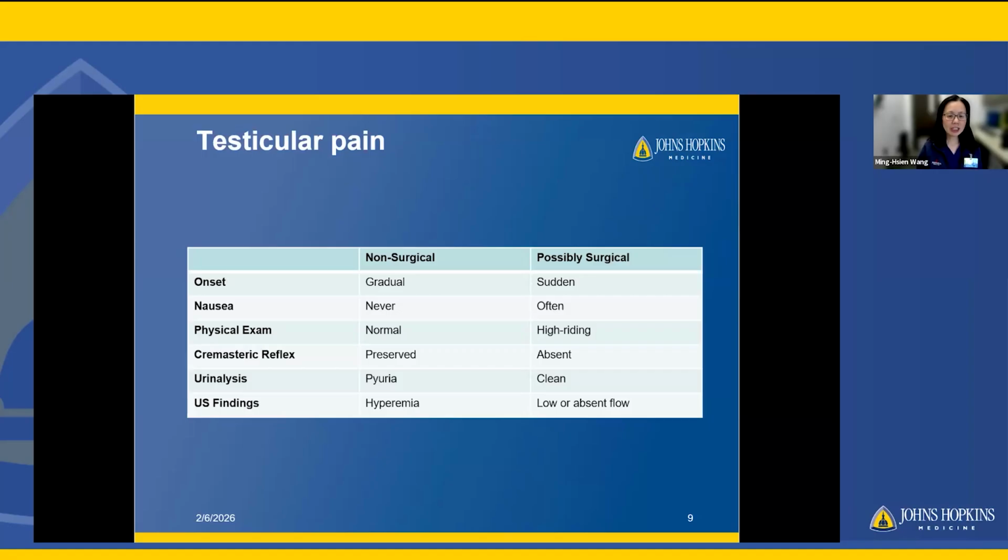And then lastly, if the child is not in horrible acute pain where you're like, this is definitely something surgical, I need to call my urologist, you can always get an ultrasound. When you get an ultrasound with a true testicular torsion, you're not going to have any blood flow. But if it's more congested, with tons of flow, then you start thinking that, okay, this is not something acutely surgical, and we can wait and sort this out.